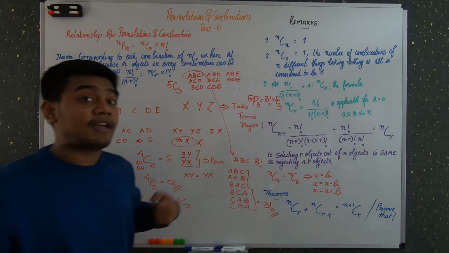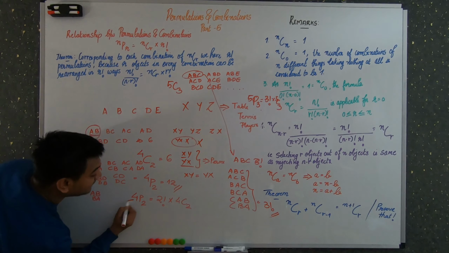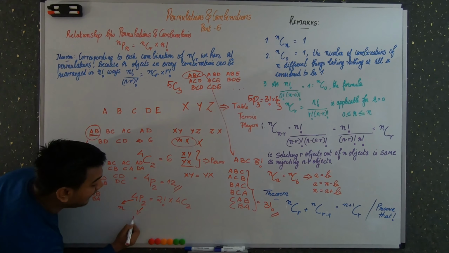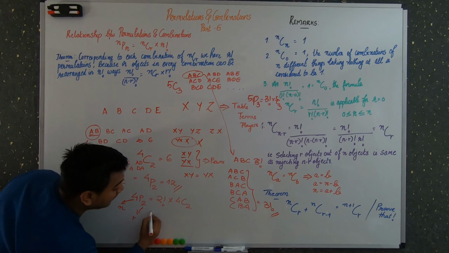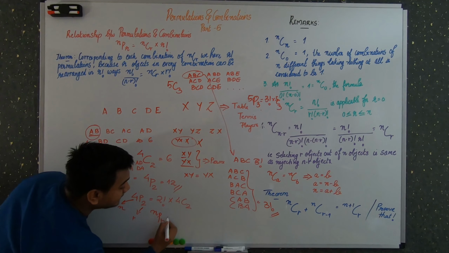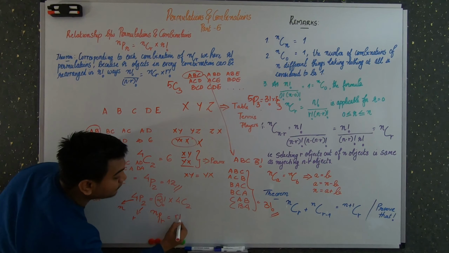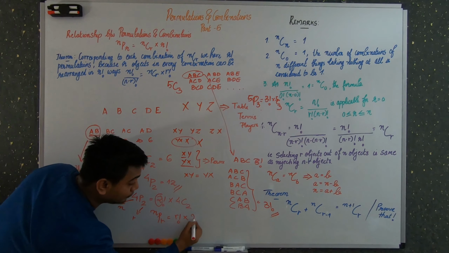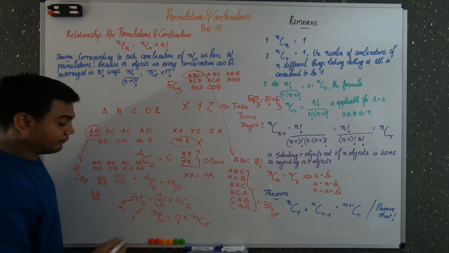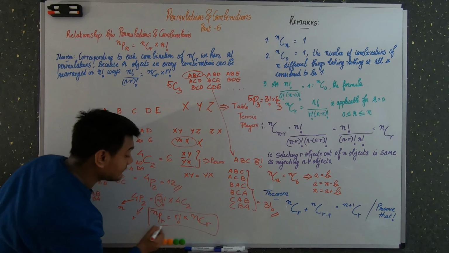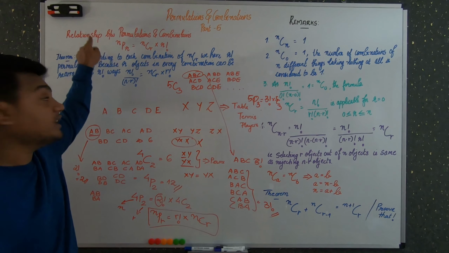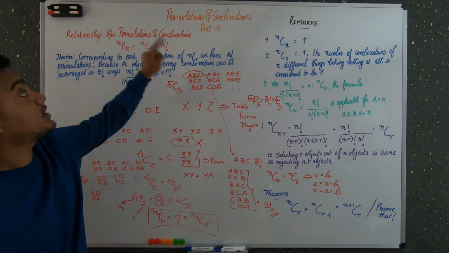Let's write this in terms of N and R. So what would be the formula? NPR is equal to R factorial into NCR. And with this you have found the relationship between permutation and combination.